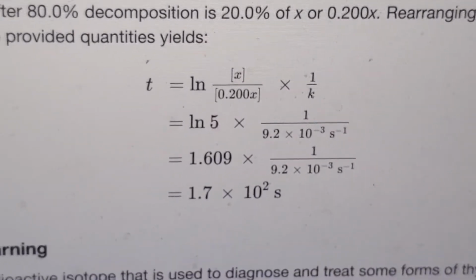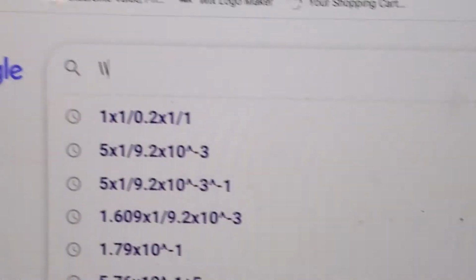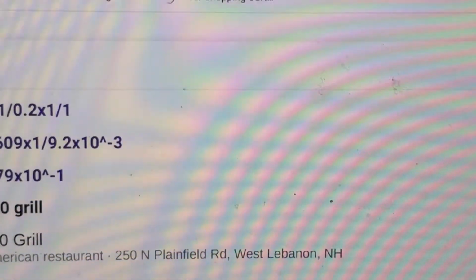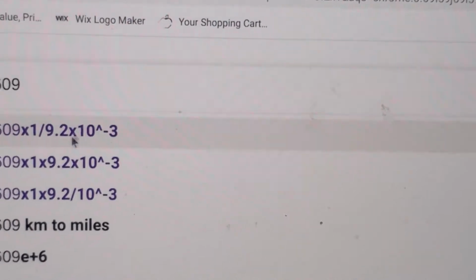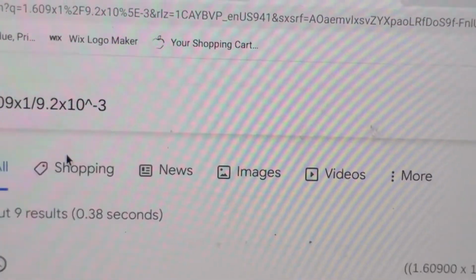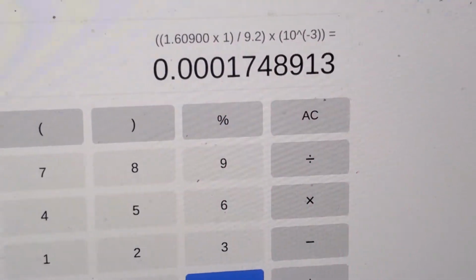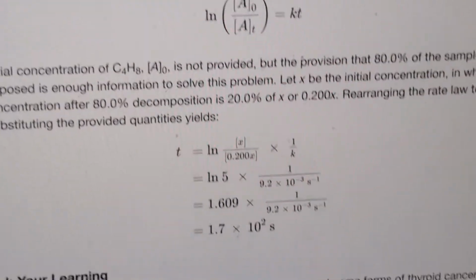And now watch this. 1.609. Ready guys? 1.609 times 1.9. So that gives me 1.748913, or 1.7 shortified.